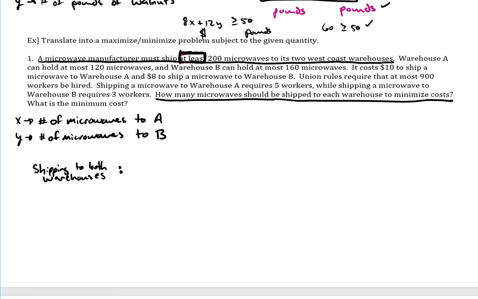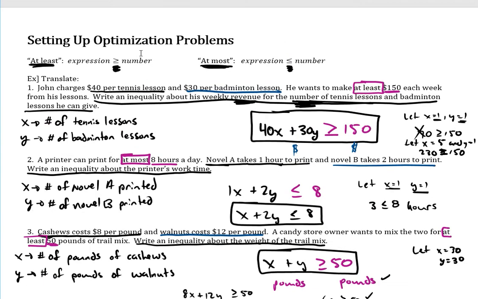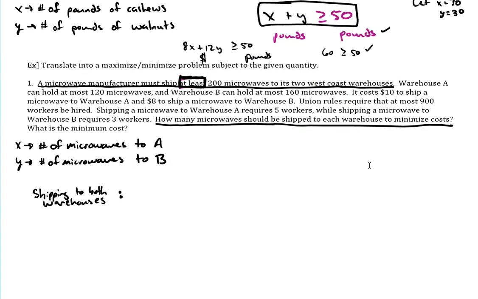They said at least. Remember, our "at least" is always greater than or equal to, so we'll do greater than or equal to the number, 200. Note that this 200 is a number of microwaves, so that's how I'm trying to figure out the units.